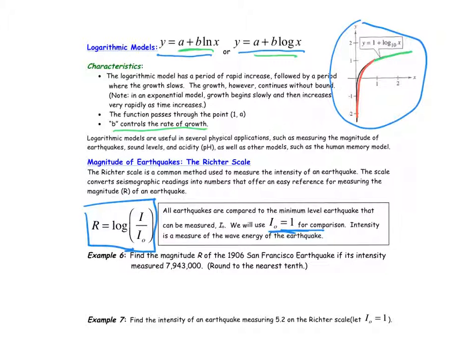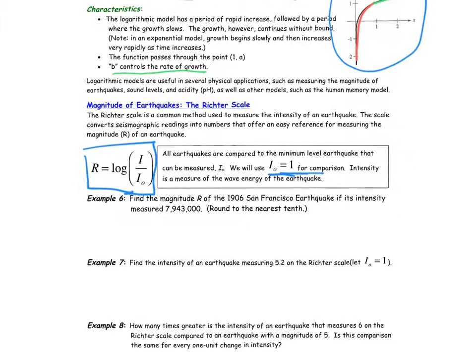So we're going to try to use this model in a couple different ways. In example 6, we're asked to find the magnitude R of the 1906 San Francisco earthquake if its intensity measured 7,943,000. So we're going to go ahead and use this model.